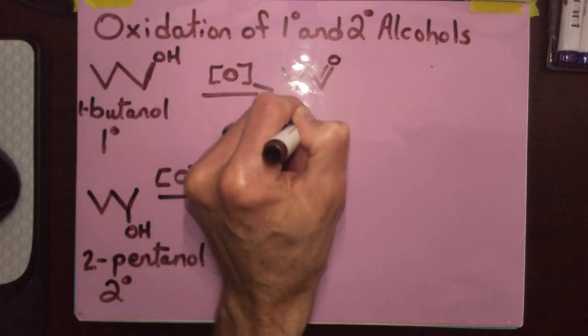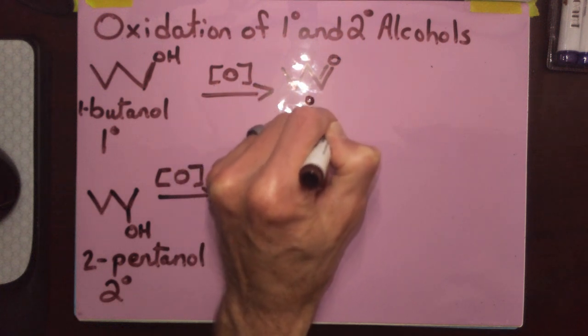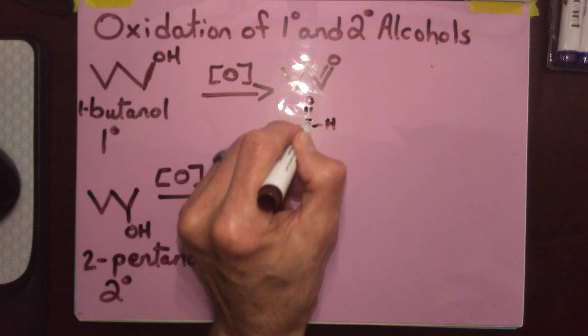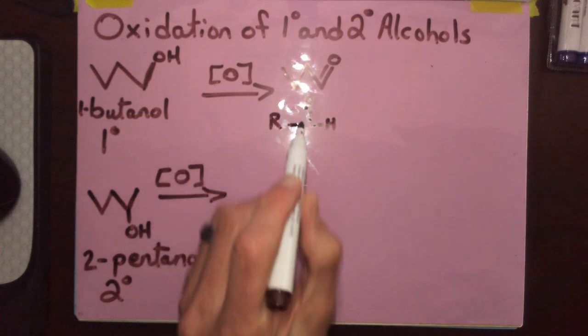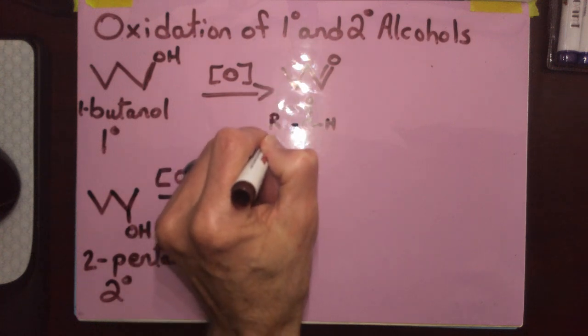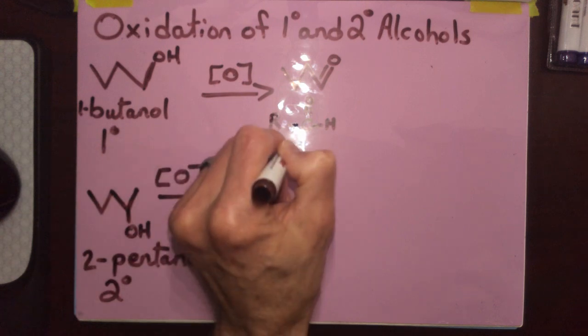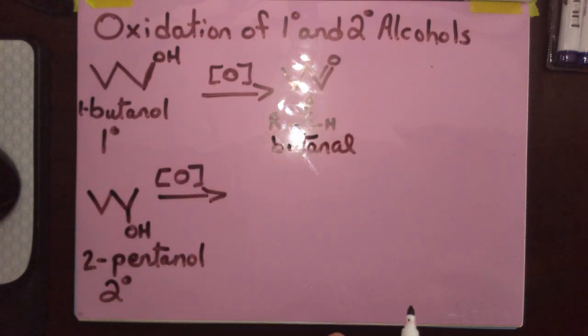An aldehyde has a terminal, meaning on the end, carbonyl group, C double bonded O, attached to a hydrogen, and then you have your carbon chain back here. So we go from butanol to butanal, Al instead of Ol, to represent the aldehyde.